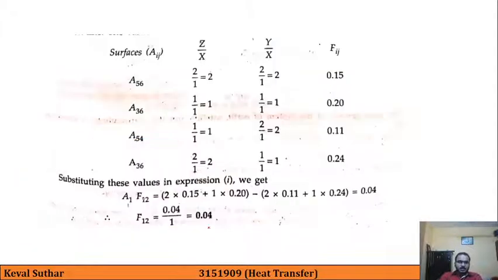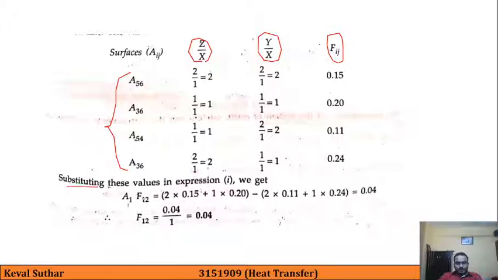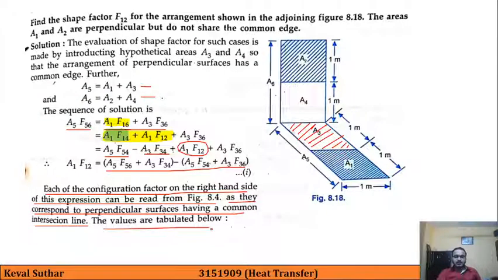These are our areas. For that we can obtain the ratios z by x and y by x, and we will get the corresponding Fij. Once we get all these values, we can substitute them into our previous equation, and based on that we can get the value of F12, that is 0.04 here. So in this way we can calculate the shape factor.